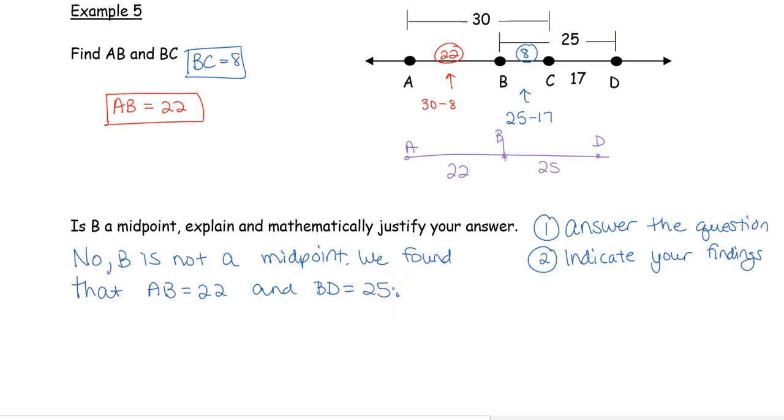Once you've indicated your findings, you want to tell why this either fits or does not fit the situation. So tell why these findings allowed you to draw your conclusion.